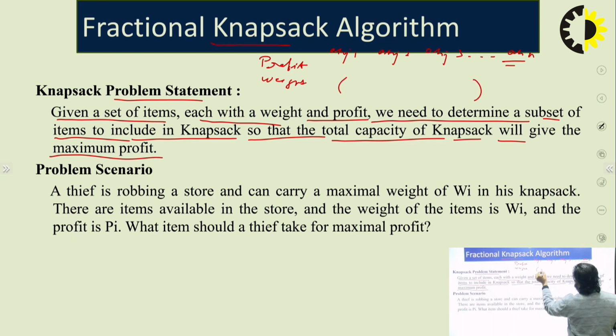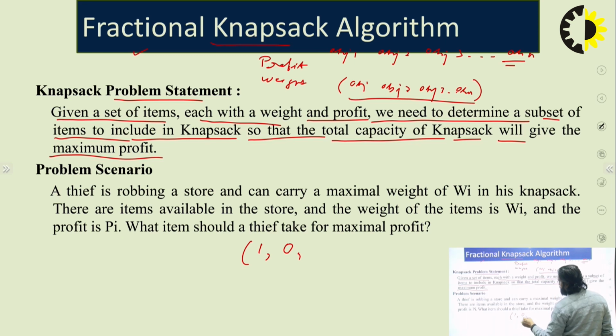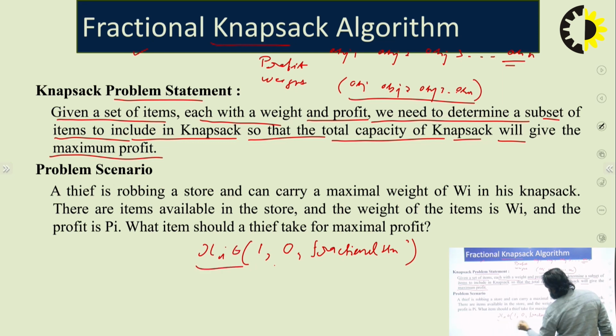We take the profit for the objects. The knapsack algorithm here is based on fractions. The condition is that we take the whole item, no item, or a fractional item, where x of i belongs to the range.